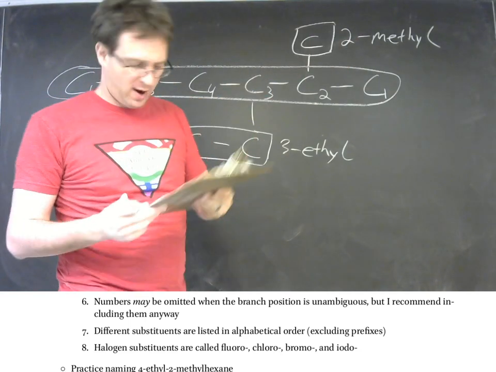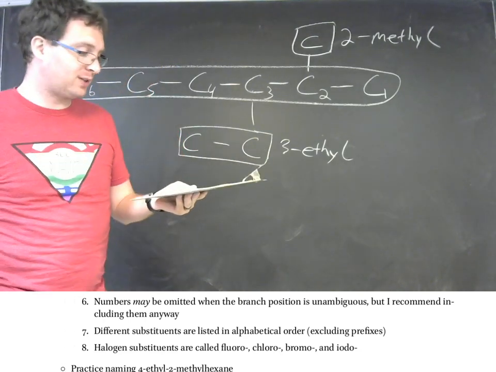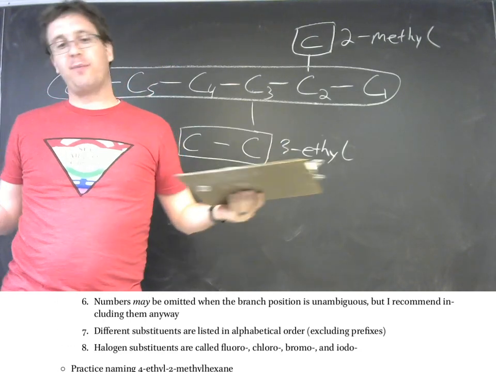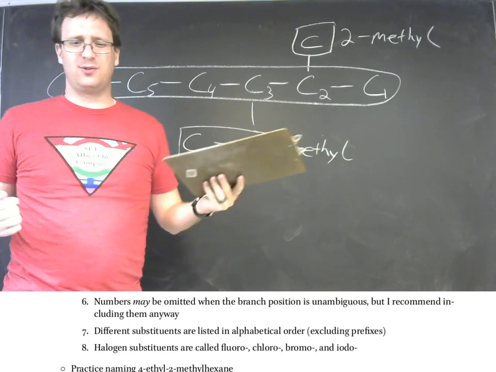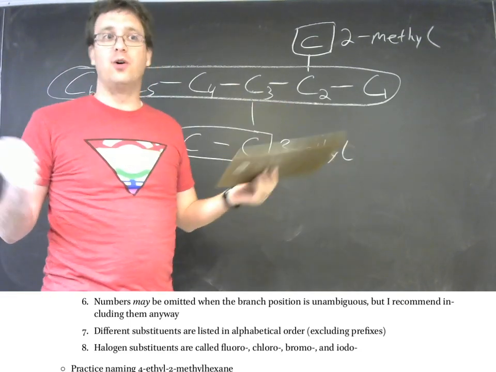This is where rule 7 comes in. Different substituents are listed in alphabetical order, and that excludes prefixes if we'd had like a dimethyl or a triethyl. You ignore the prefix.